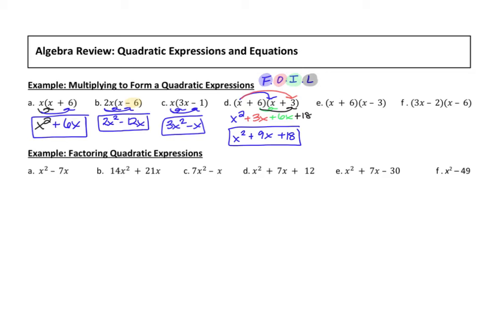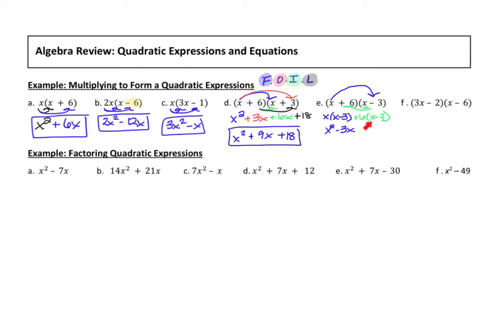So basically what we're going to do is take this x and multiply it by the x minus 3. And then we're going to take the positive 6 and also multiply it to the x minus 3. Then we're going to apply distributive property. So you have x times x, that's going to give you x squared, and then x times negative 3 is negative 3x.